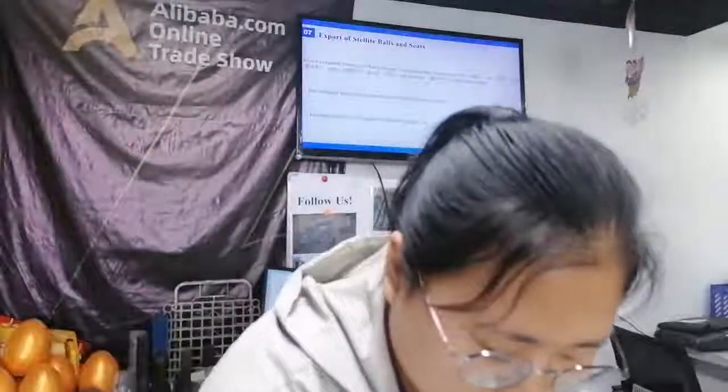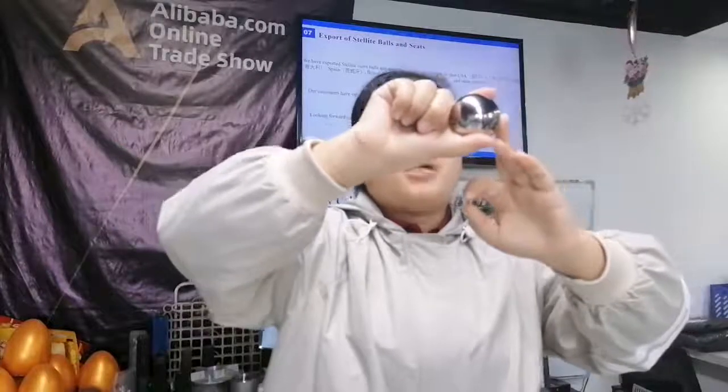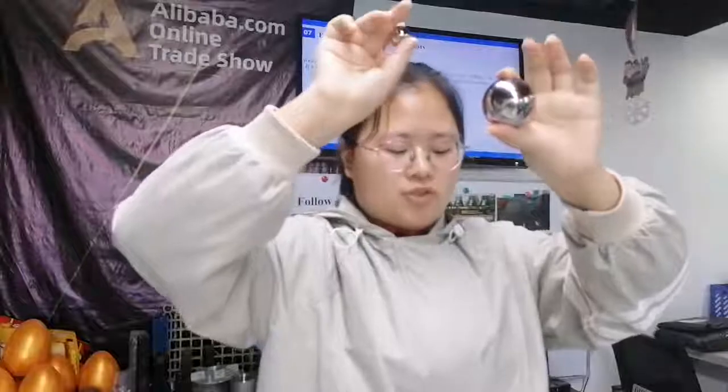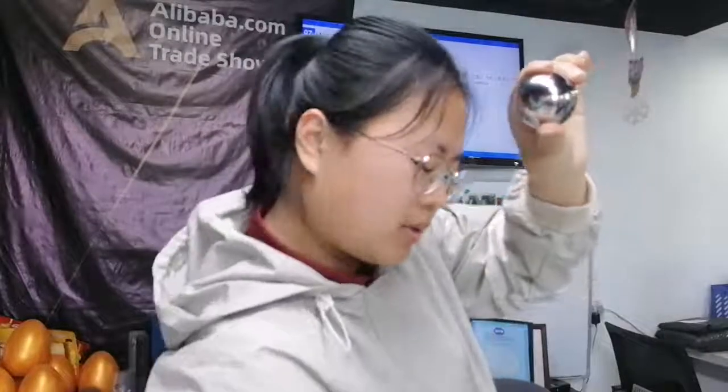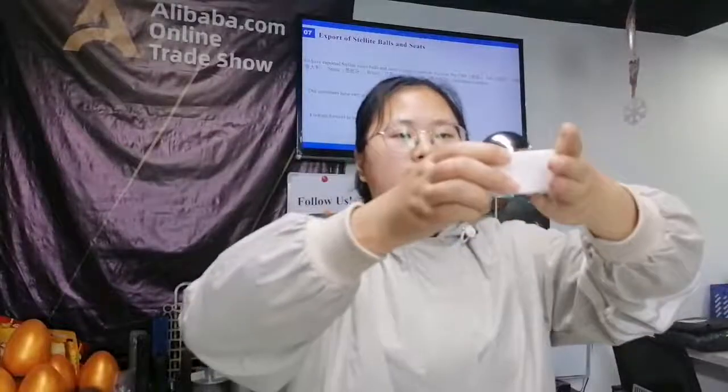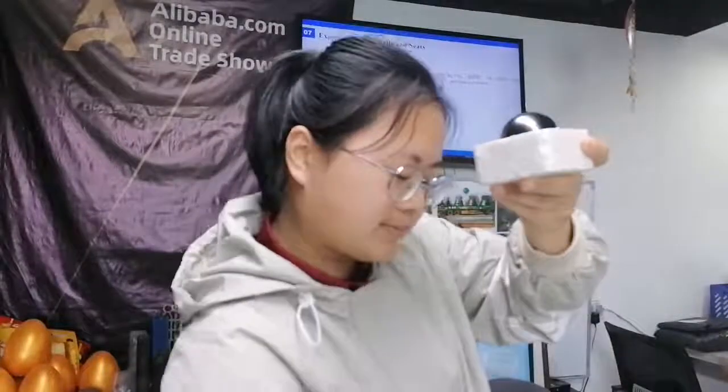The size is diameter 15.88 millimeter. This one is cyanide boards, the diameter is 50.8 millimeter, 2 inch. The material is cyanide 20 and the surface is G100.